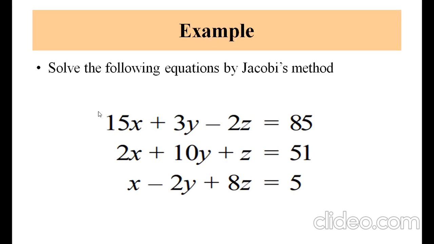Here we have to check that the diagonal elements are greater than the summation of the respective other elements. 15 is greater than 3 plus 2, that is 5. 10 is greater than 2 plus 1, that is 3. And 8 is greater than 1 plus 2, that is 3. So that's why we can solve this system by the Jacobi iteration method.